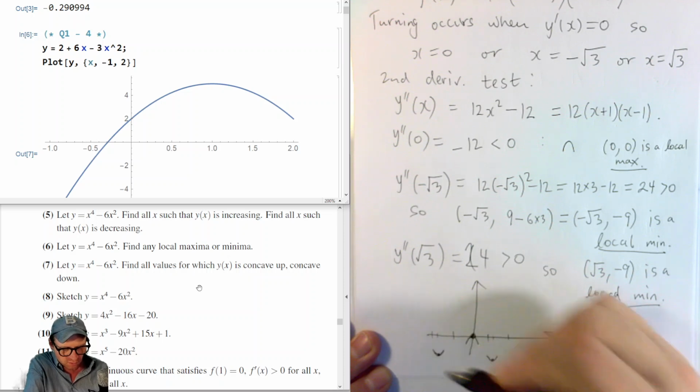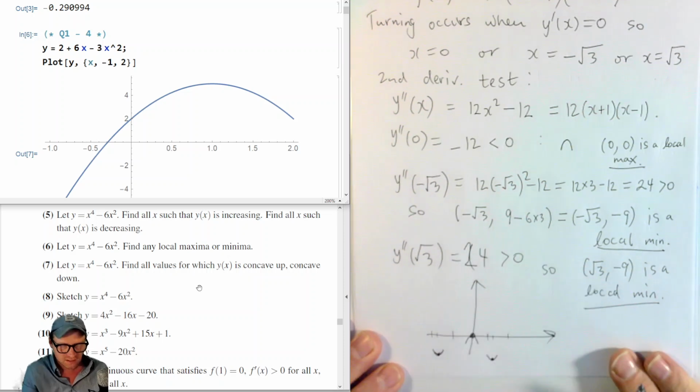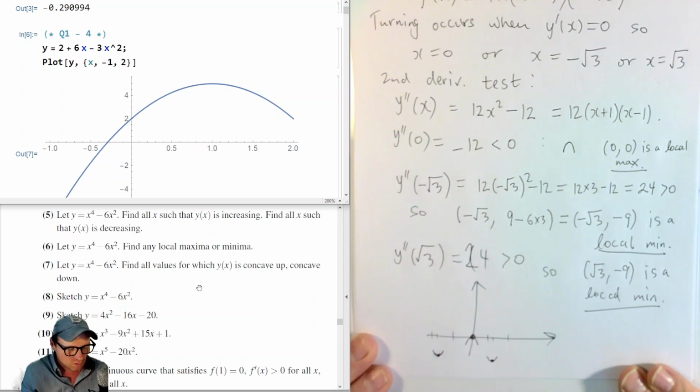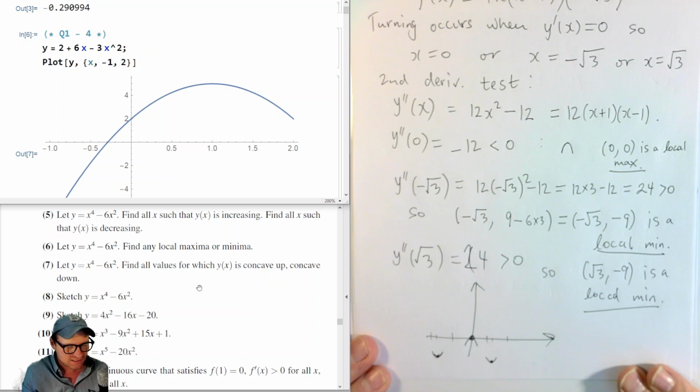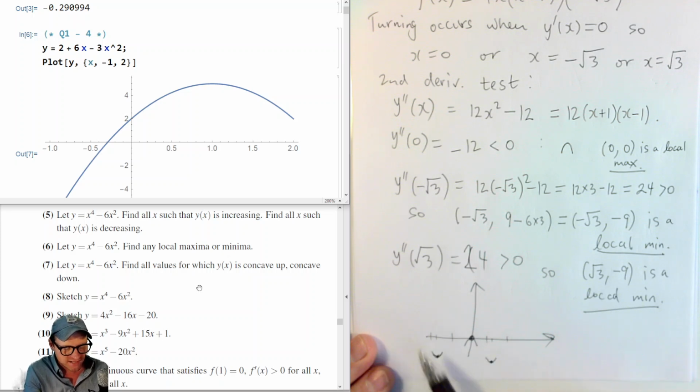All right, so far we've learned that it looks something like this. Now what's missing to be able to sketch this is intercept points, or x-intercept points, because we have a y-intercept point.